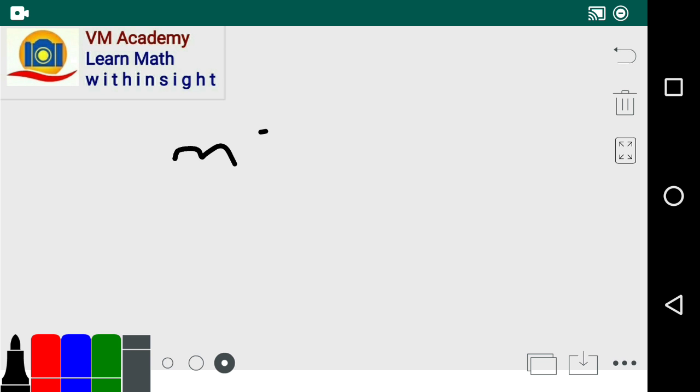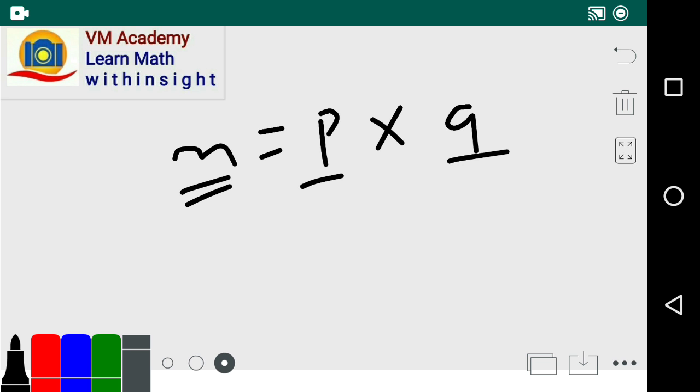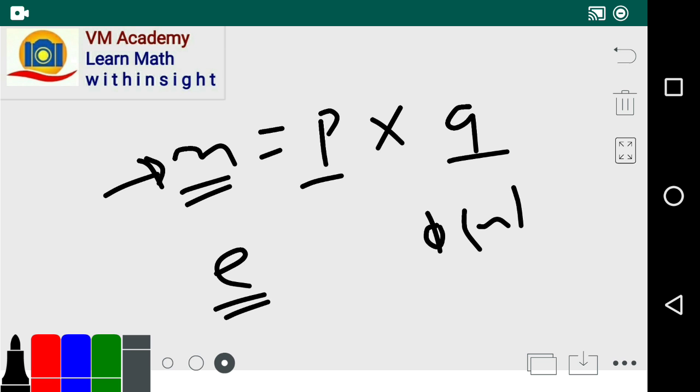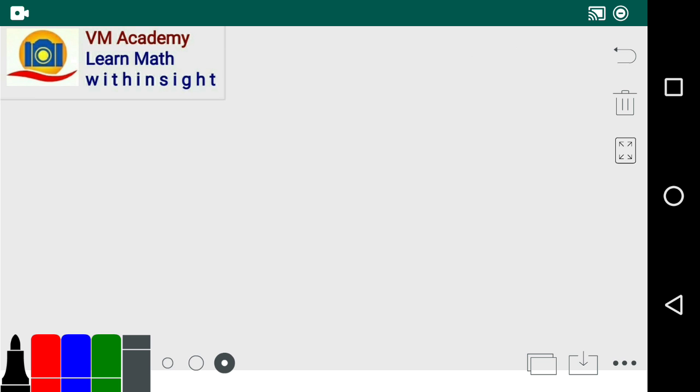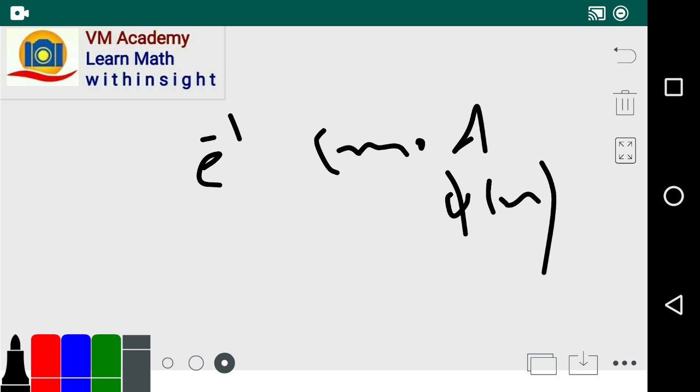So two big prime numbers are taken and multiplied together and we get n, and any number e which is relatively prime to phi of n is taken, friends, and these are given to the sender as the public key, and the private key is calculated as e inverse modulo phi of n.